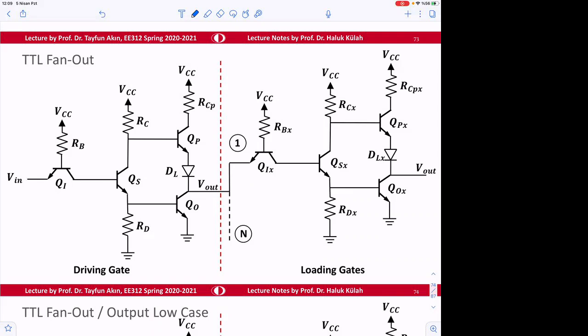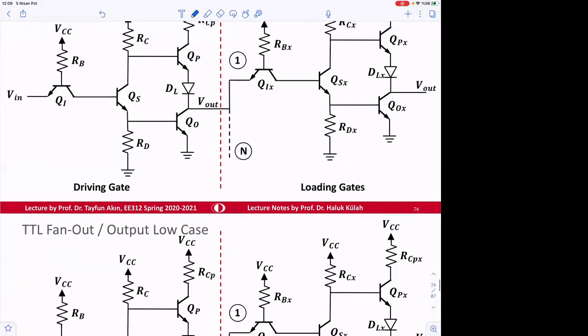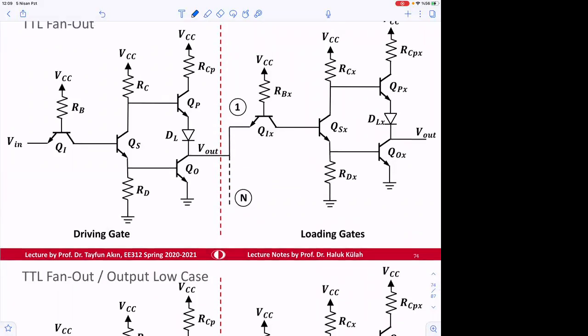The output low case is when input is high voltage. Let's calculate this one first. In order to get output low, input should be what? High. Yes. So let's say input is 5 volts.